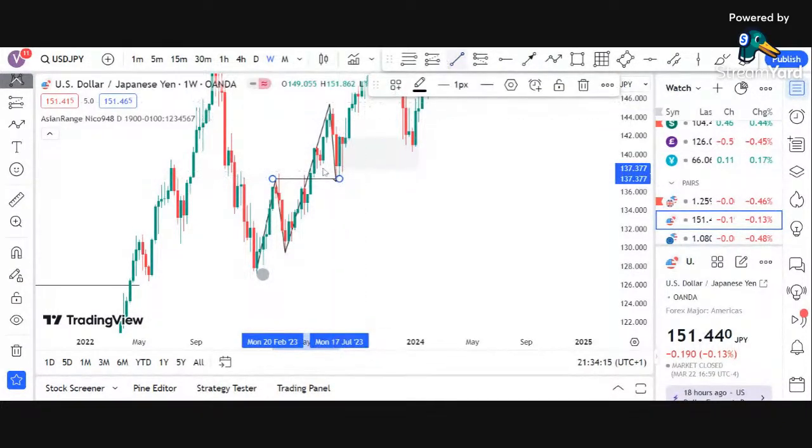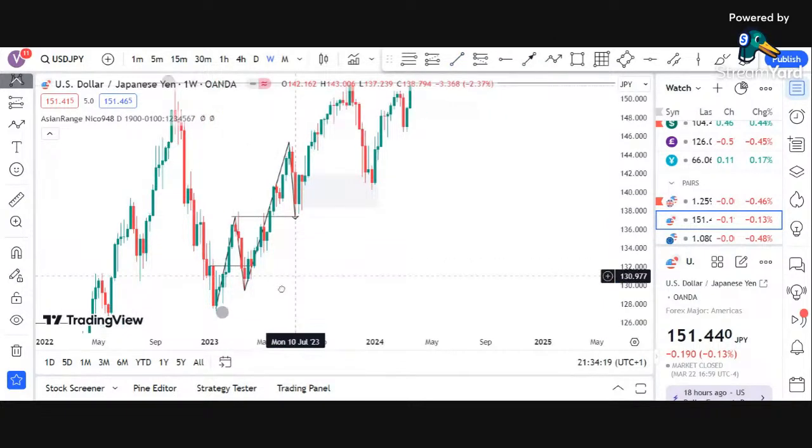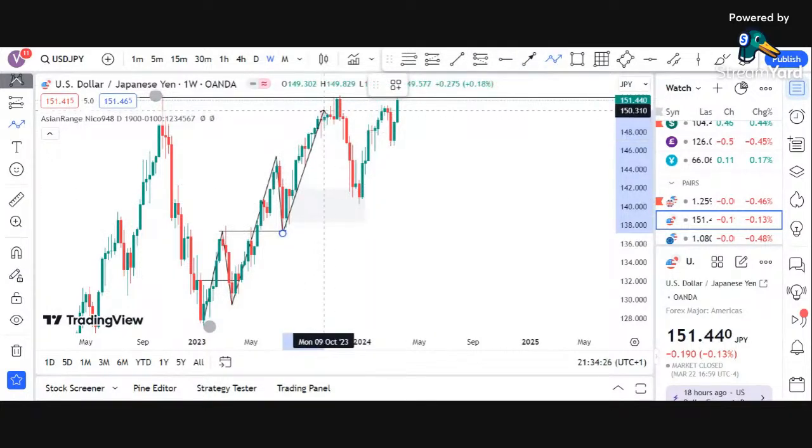This was the last swing point with a fair value gap, even with a liquidity void. So the market grabbed liquidity and now pushed to the upside.